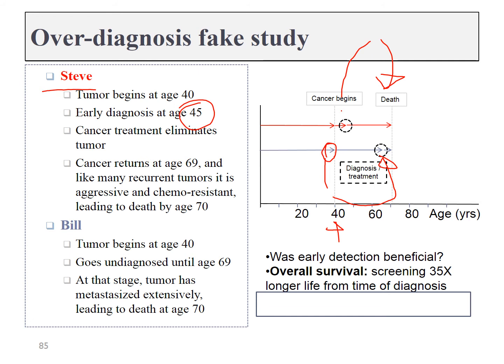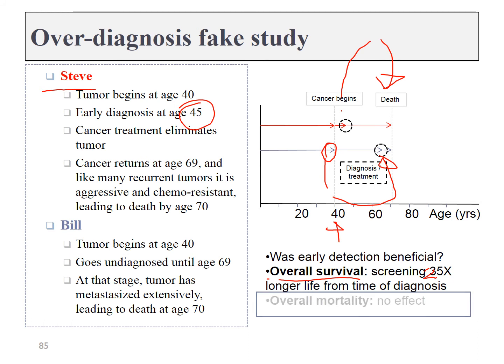I think we have to change this to a 25 there. He lived for 25 years after his initial cancer diagnosis, whereas Bill only lived for 1 year. So we would say that for overall survival, this early detection allowed Steve to live for 25 times as long as Bill did following a cancer diagnosis.